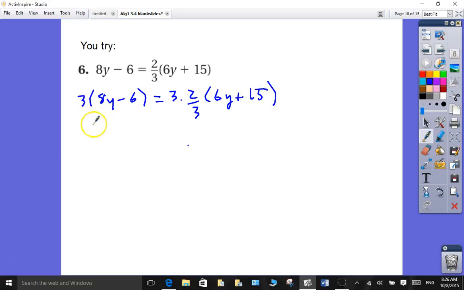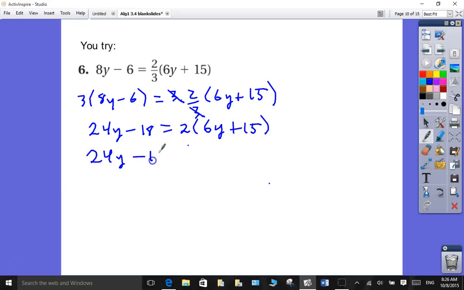On the left, we've got 24y minus 18. On the right, the 3's cancel, but we still have 2 times 6y plus 15. So 24y minus 18 equals 12y plus 30. And then solve that.